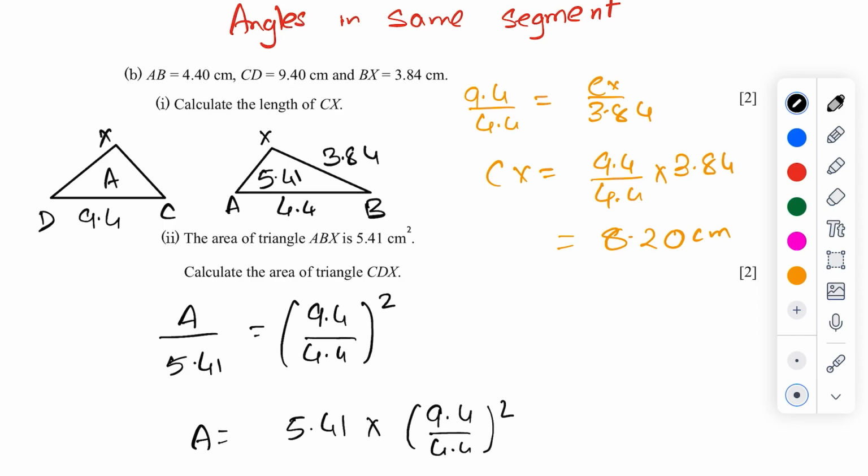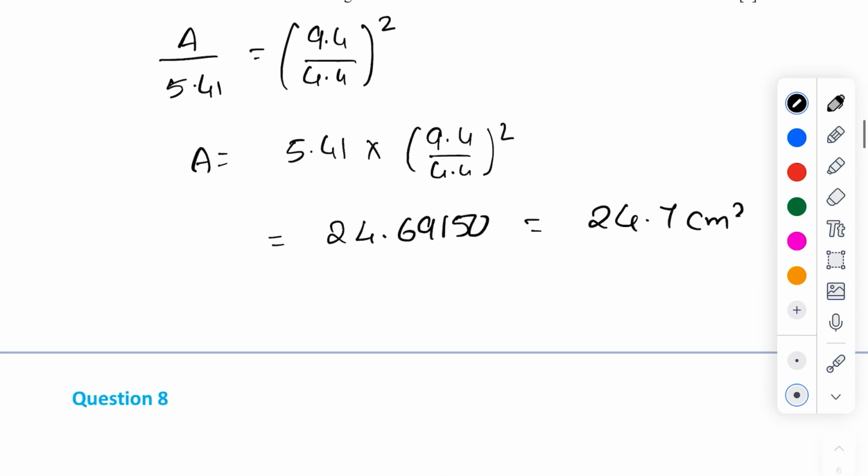Once I simplify, it should become 24.69150. In three significant figures, 24.7 centimeter square.